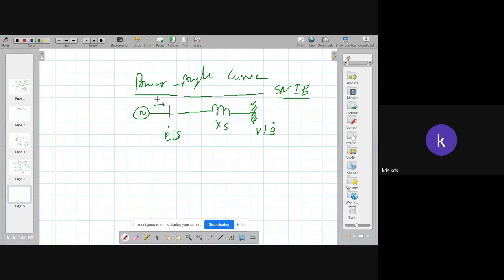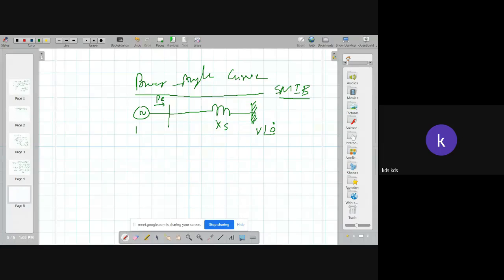Electrical power is, this is the excitation voltage, not terminal voltage. This is the excitation voltage. Better it should be written not here, it should be written here.